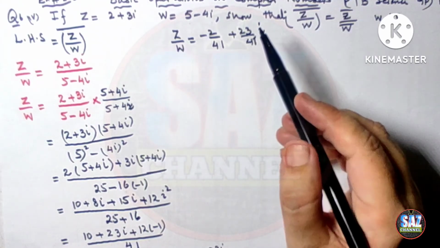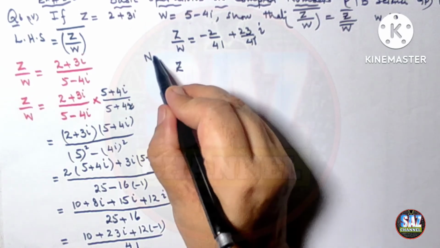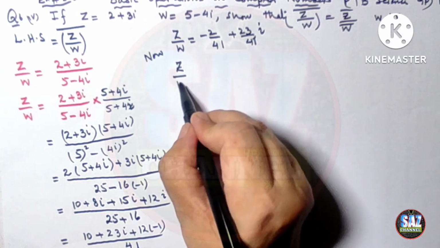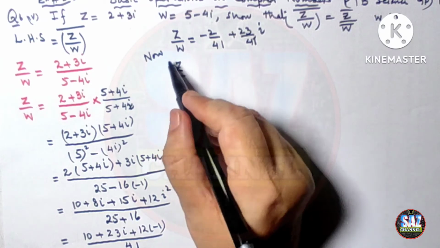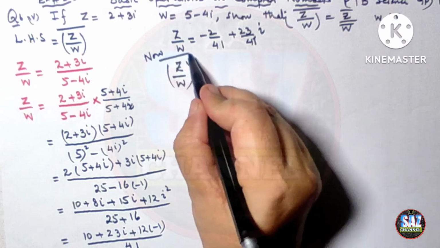This is not the answer of our requirement. Now, what we are going to do is that we have to take (Z/W) whole bar. Let me write, yes, but the book is using the bracket, so I also have to use the bracket.